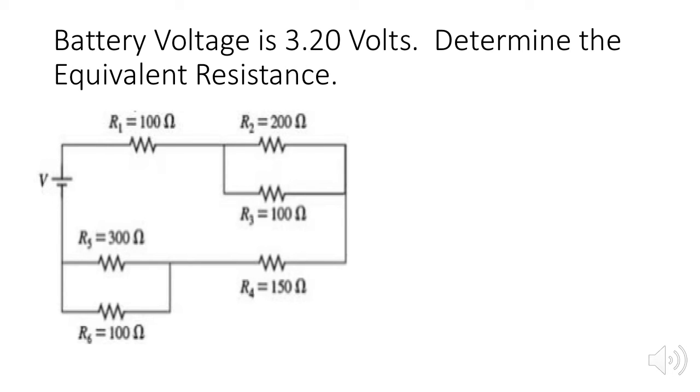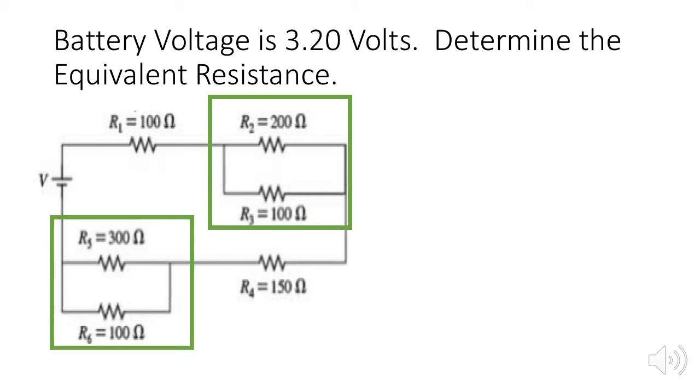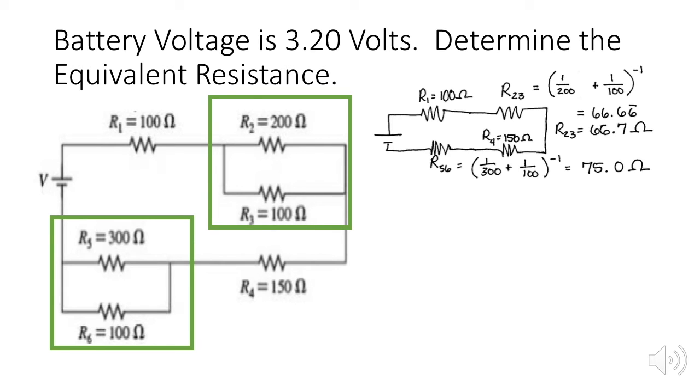So in determining our equivalent resistance, what we're going to do is identify our 2 parallel combinations to start so that we can rearrange it and combine resistors 2 and 3 in parallel, which will give us a total of 66.7 ohms. And we're also going to combine resistors 5 and 6, which are also in parallel, and that combination will give us a resistance of 75 ohms.